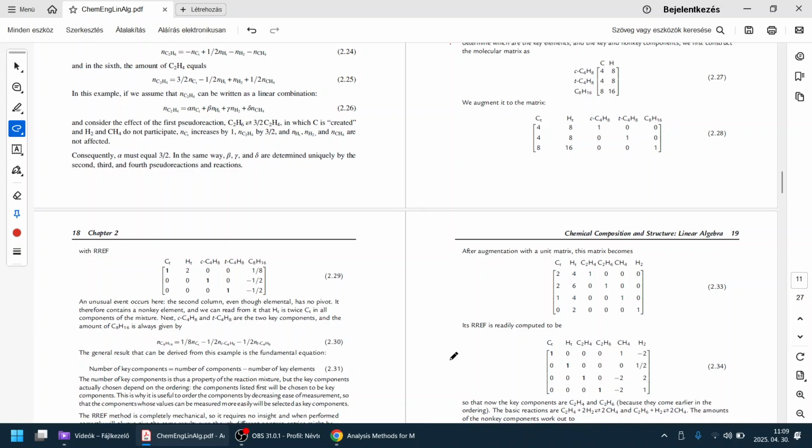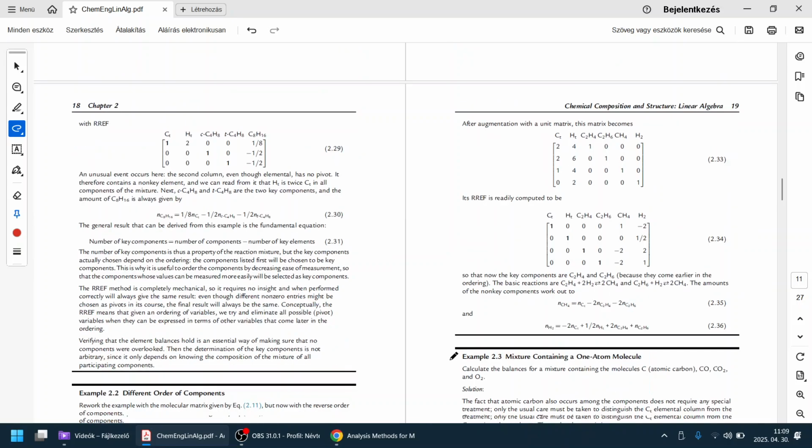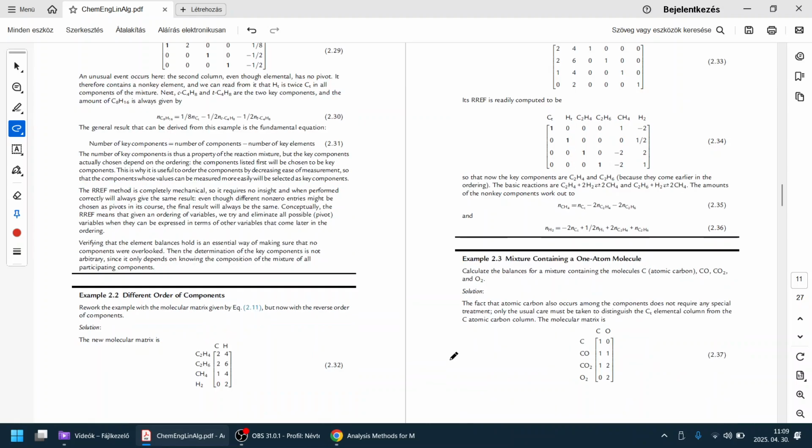We have the components and we are happy. Not exactly understanding why, but we are happy. Okay, say a different order of components.